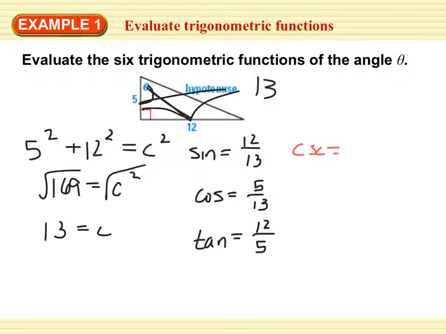Cosecant, 13 over 12. Secant, 12 over 5. Sorry. And cotangent, 5 over 12. Sorry, secant is incorrect. I just saw that. Secant is 13 over 5. Not too bad, right?